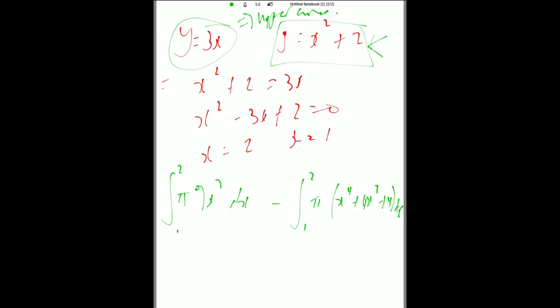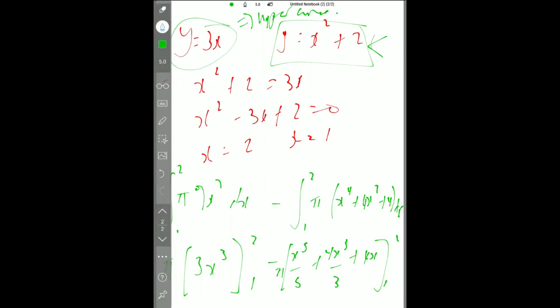So this gives us pi times 3x cubed from 1 to 2. And we'll be subtracting from that pi times x to the 5th over 5 plus 4x cubed over 3 plus 4x from 1 to 2.